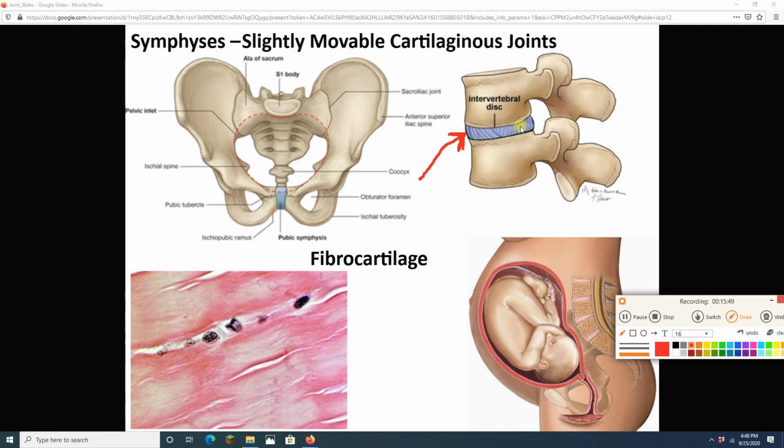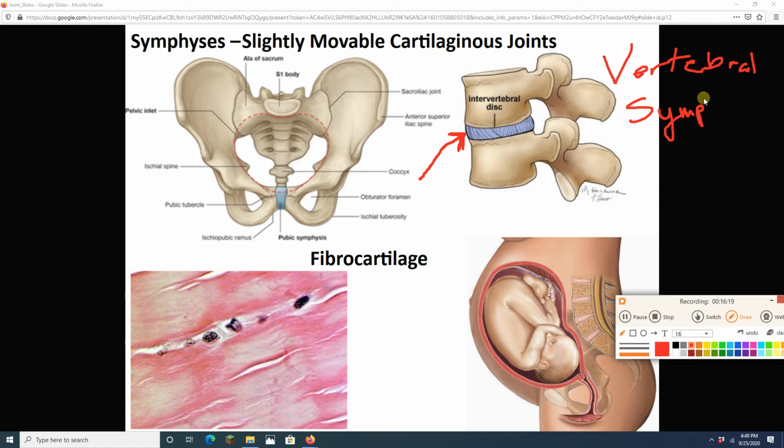So you're just doing a little bit of motion at each joint, but overall that can translate to a fair amount of motion. So, a slightly movable cartilaginous joint is called a symphysis. These ones between the bodies of your vertebrae, each of them is called a vertebral symphysis.